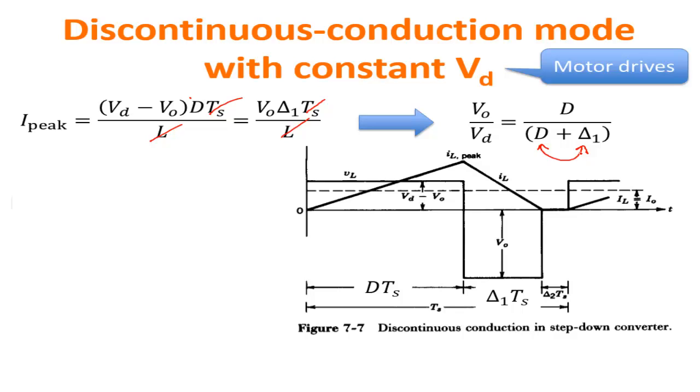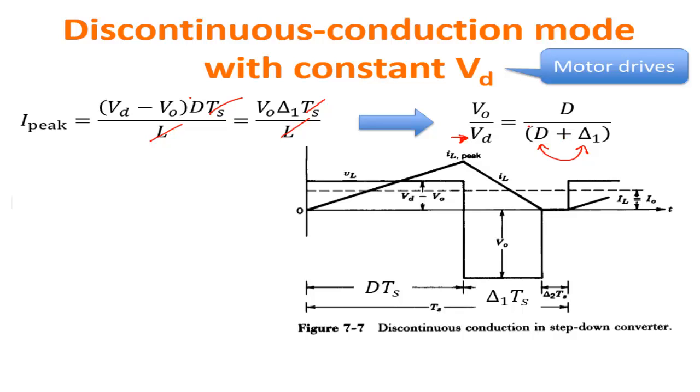Now, in the following of this consideration, we will assume that VD is constant, and that therefore, if VD is constant, we want to obtain VO as a function of the other parameters, considering VD as a constant.